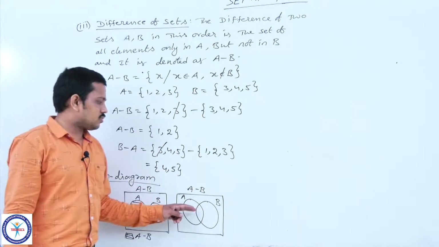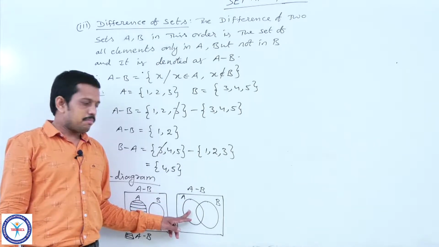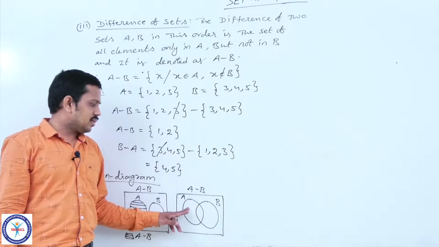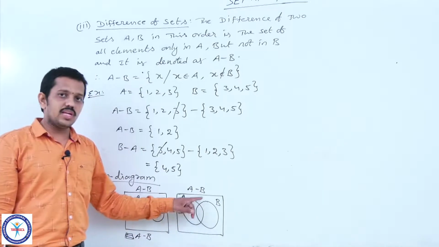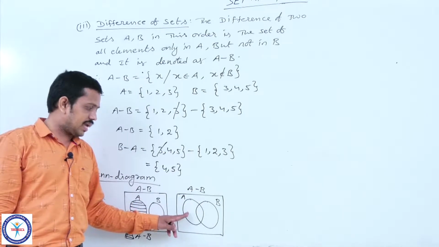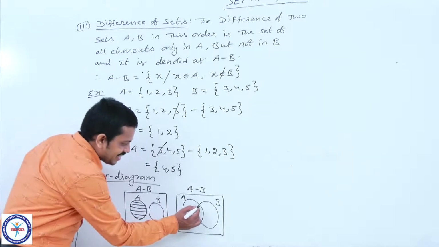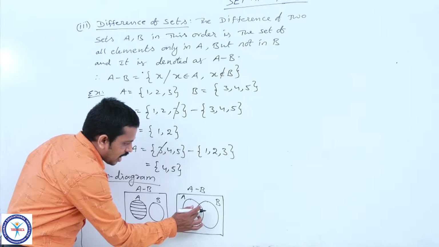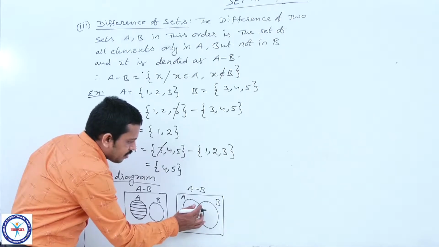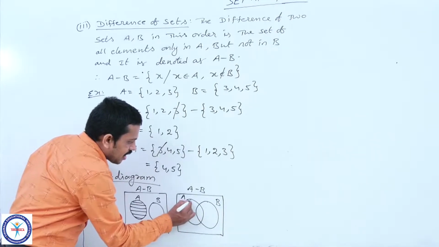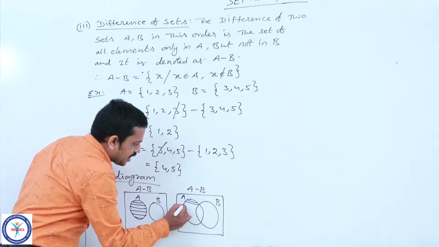A minus B is only the elements of A but not belonging to B. Means A minus B is only the region belonging to set A but not to set B. Here this region is common to both A and B, so we eliminate this region and shade the remaining region.